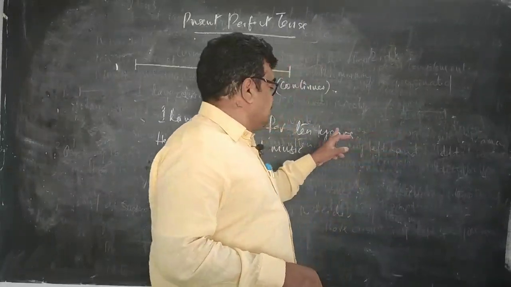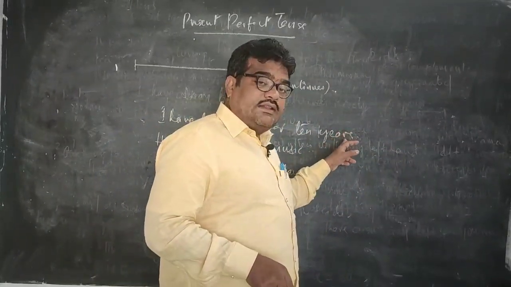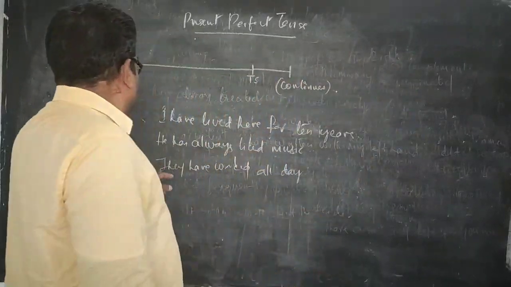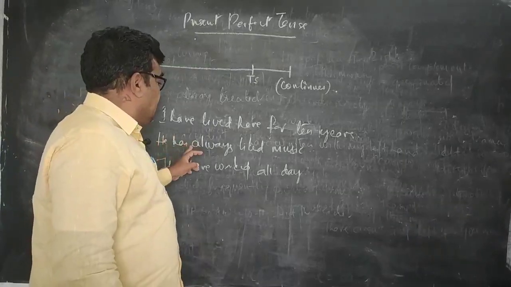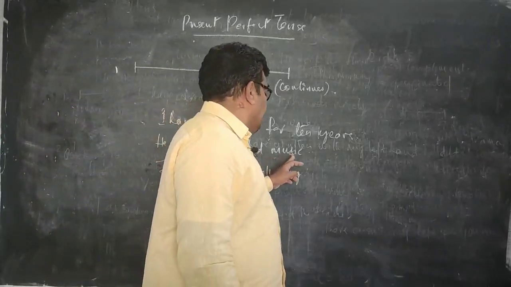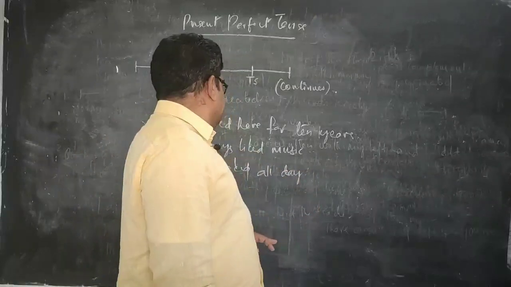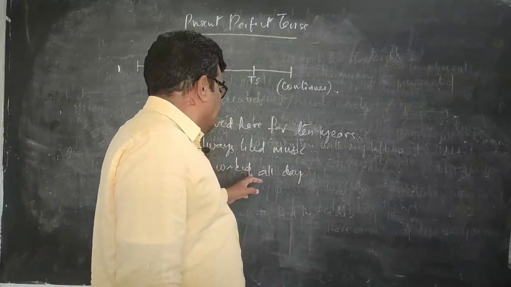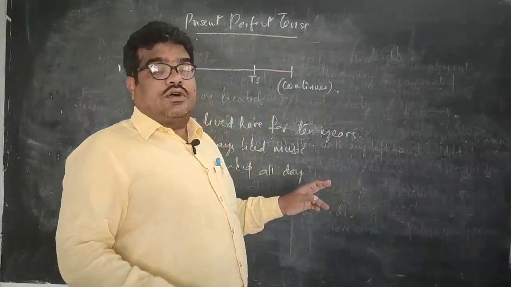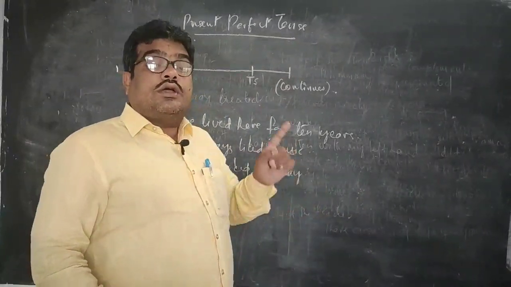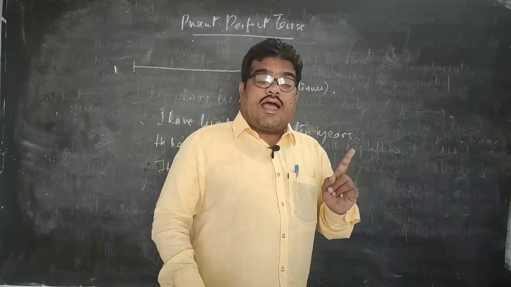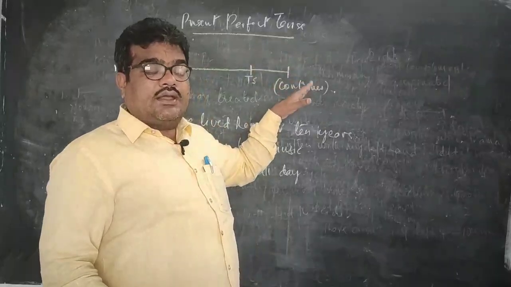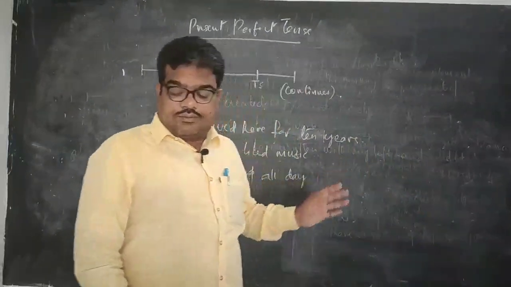Still I am living. The action began in the past and is still continuing and it will be continuing. Another example, he has always liked music. Still he likes music. Next, they have worked all day. Still they are working. So, it is used for the action which began in the past and will continue after the time of speaking. Right.